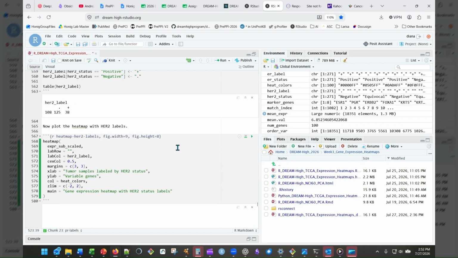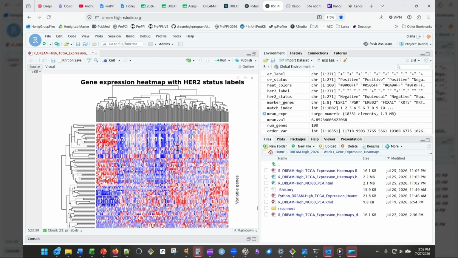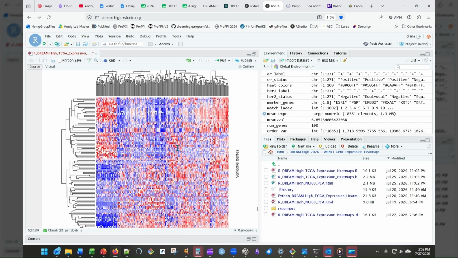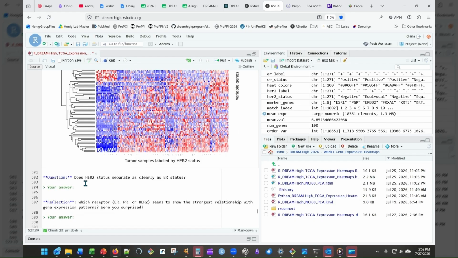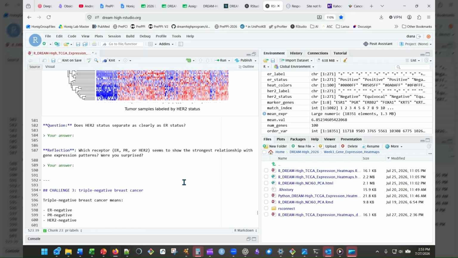So just as we did before with PR positive and negative and ER positive and negative, we're doing HER2 positive. We have a few here, and most of them tend to be negative where the data exists. So does it separate as clearly as the ER status? Well, obviously not. So you should answer these questions.